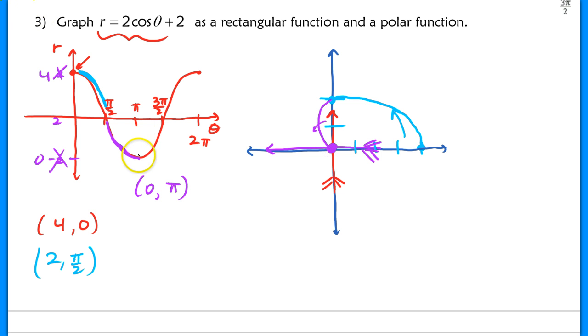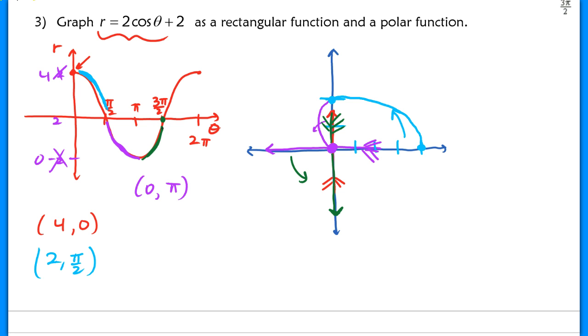Now, once we go from pi to 3 pi over 2, we continue to swing this spinner counterclockwise. Let's try a different color here, green. Now my spinner is facing 3 pi over 2. Here's the tail end. At 3 pi over 2, our function is now increasing.